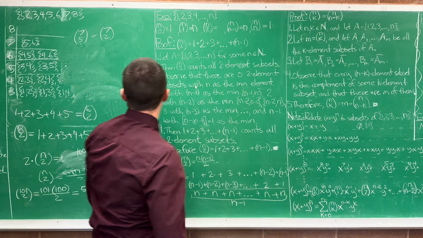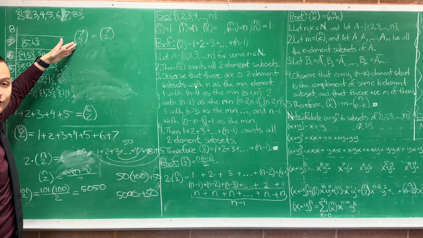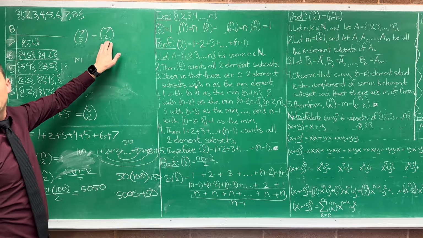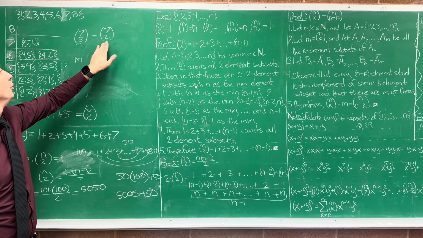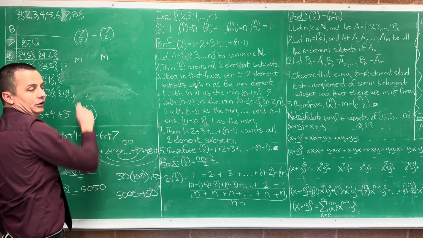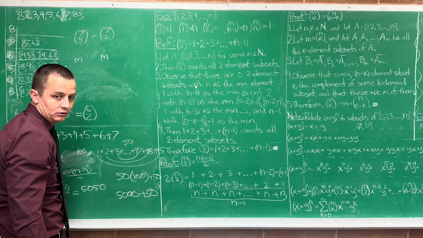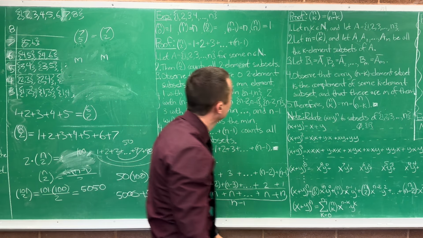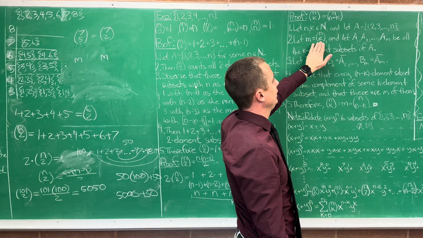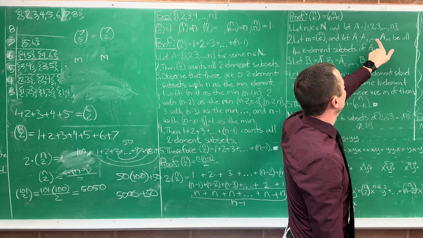In other words, if there's 7 of you and I'm choosing 5 of you to go on a trip, and there's m ways I can do that, then if I were to count all the 2-element subsets, or all the ways I could leave 2 of you behind, that better also be m, in order for those to be equal. You with me?